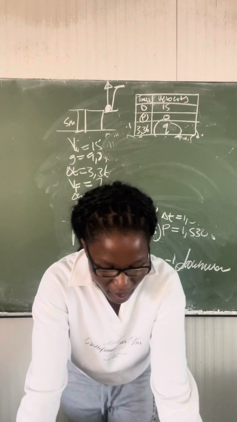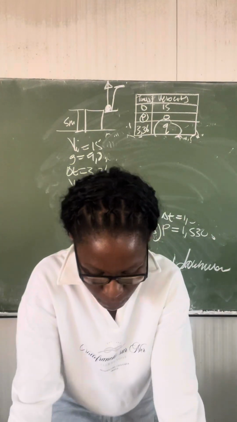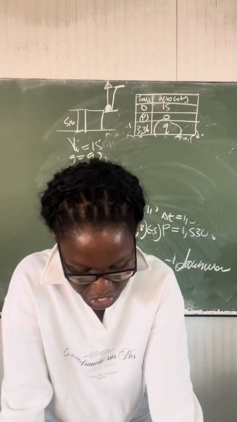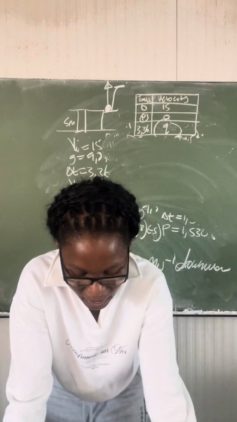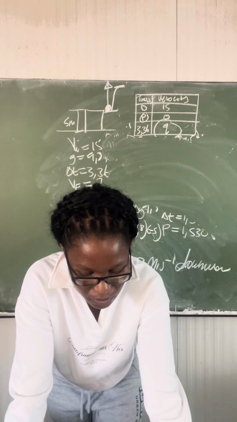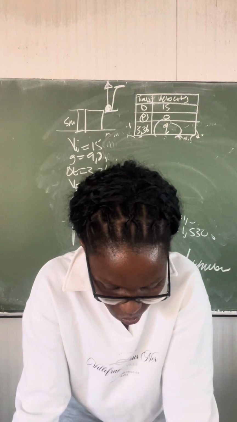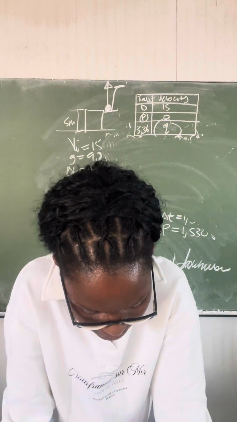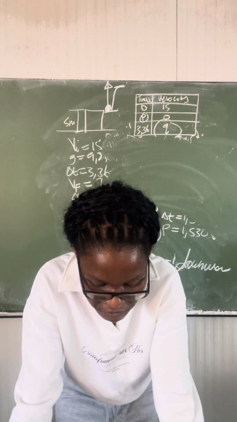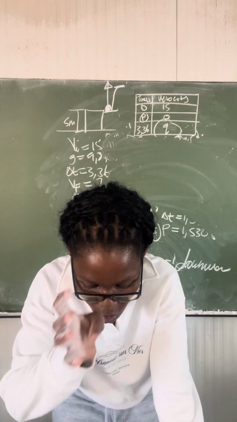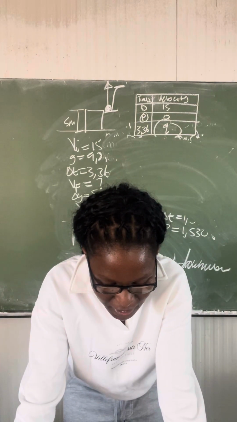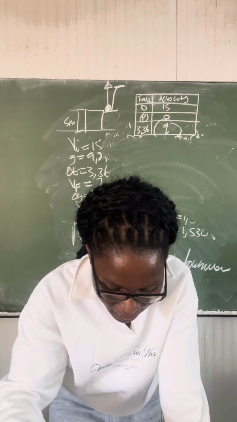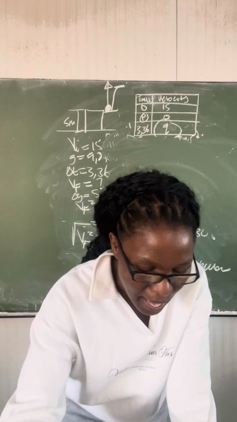Then 3.5: sketch a velocity versus time graph for the motion of the ball from the time it was projected until it reaches the maximum height after it bounces. Show the following numerical values on the graph: the initial velocity, time, and final velocity.